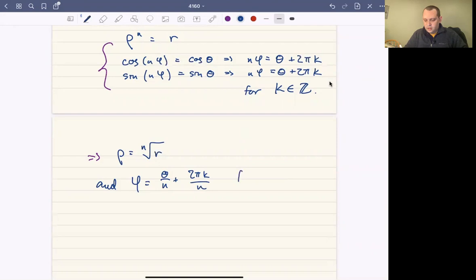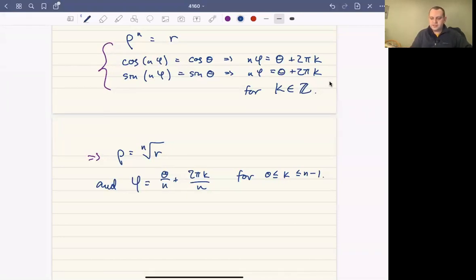It turns out that you get distinct values where k is between 0 and n minus 1. I'll let you think about what happens when k is equal to n, or 2n, or whatever you want. So the distinct values you get are for k between 0 and n minus 1.